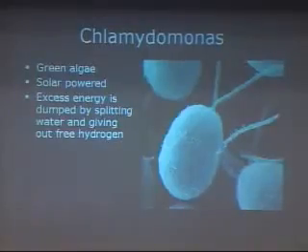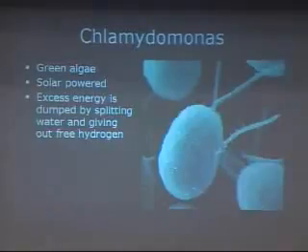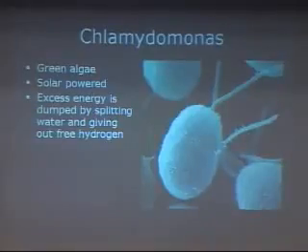However, one characteristic that it has that could be of use to us in the future is if it is living in a fairly low temperature of around 4 degrees Celsius, the internal processes do not operate quickly enough to use all the light energy that will fall on it from a clear sky. And it converts its behaviour such that it uses the excess energy that is arriving at it to split water into hydrogen and oxygen, and it emits these as free gases.